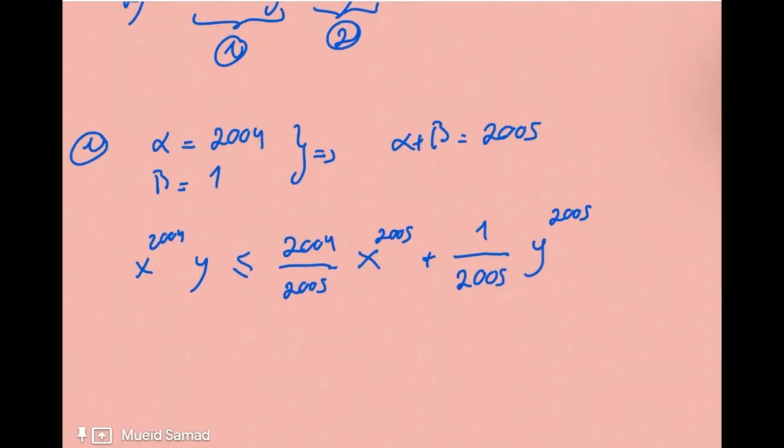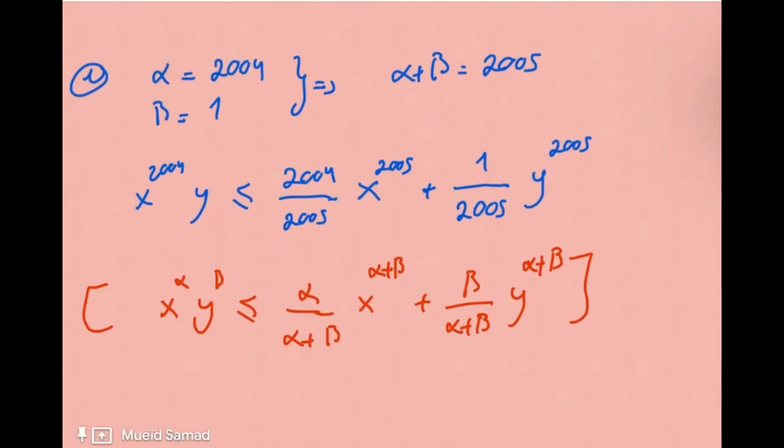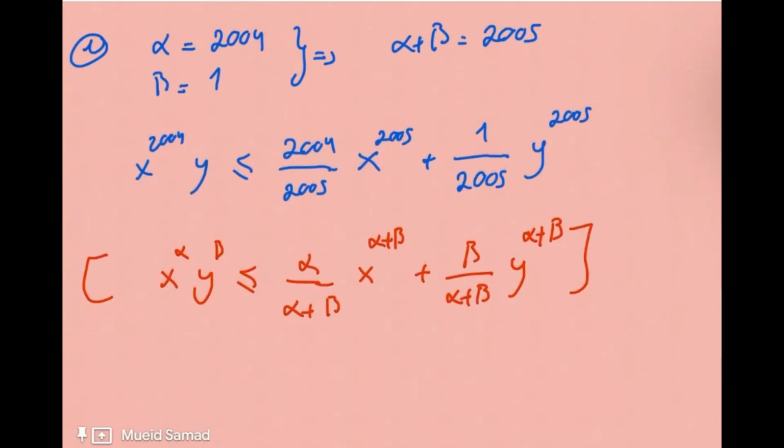Maybe we write it out as just a small reminder: x to the power of alpha, y to the power of beta, is smaller or equal to alpha divided by alpha plus beta times x to the power of alpha plus beta, plus beta divided by alpha plus beta times y to the power of alpha plus beta. And we just use this inequality from number 1. That was our first inequality that we proved, and we just inserted the alphas and betas correctly.